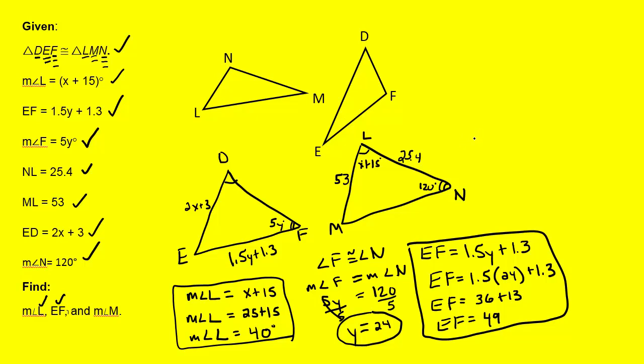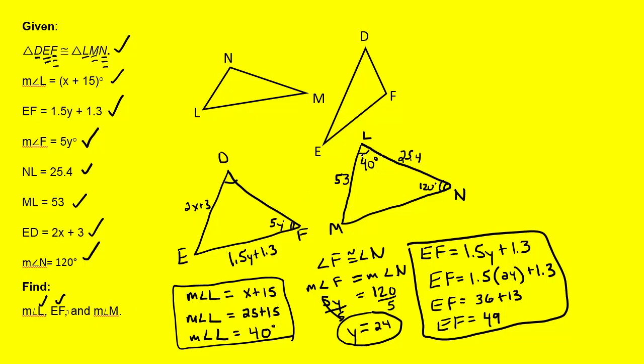Now, we want to find the measure of angle M. We actually found the measure of angle L. If I look down here, remember we said that was 40 degrees. We have this is 40, this is 120. Can we find the measure of angle M?